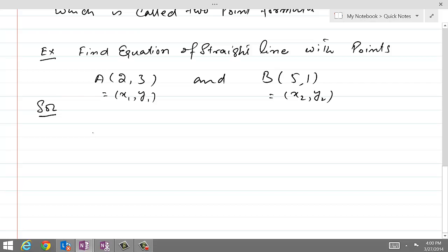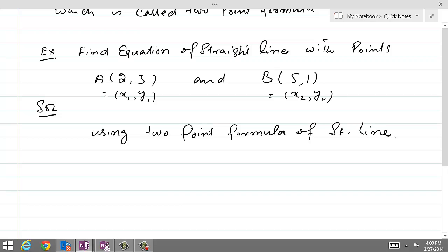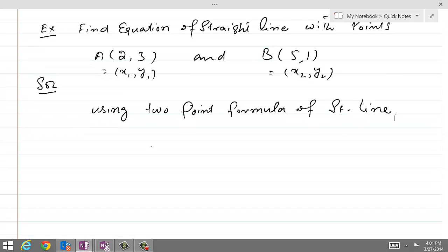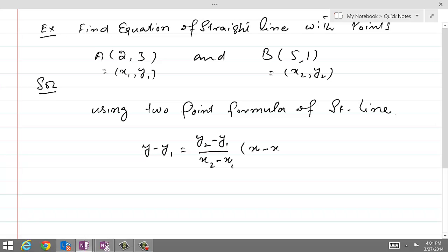So now, using the 2-point formula of a straight line, what was that formula again? That was y minus y1 equal to y2 minus y1 over x2 minus x1 into x minus x1.